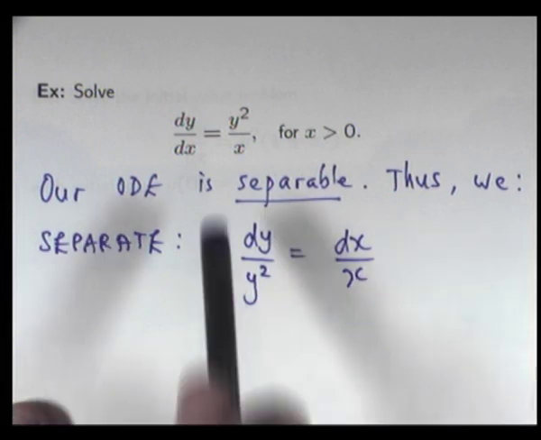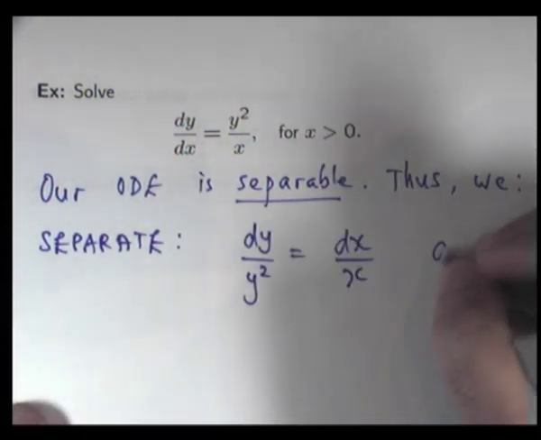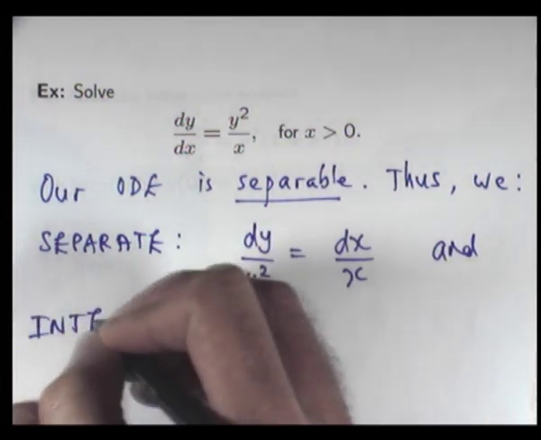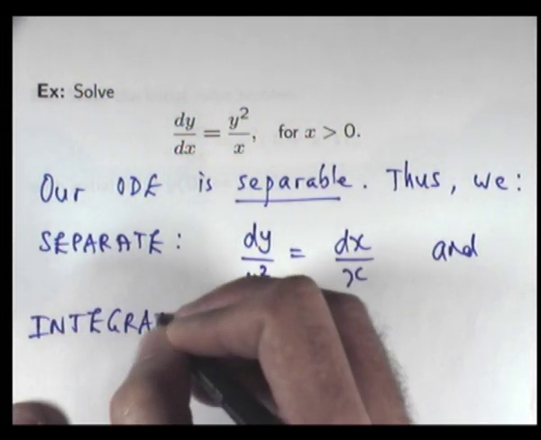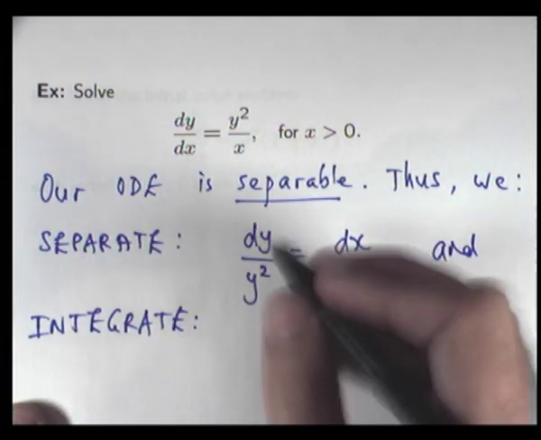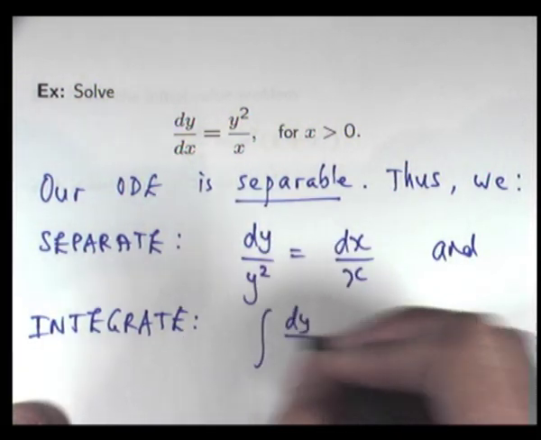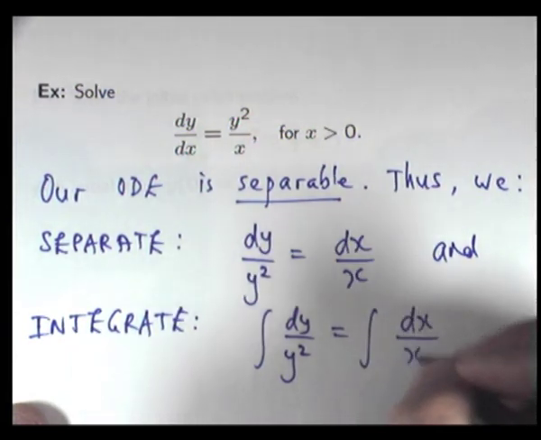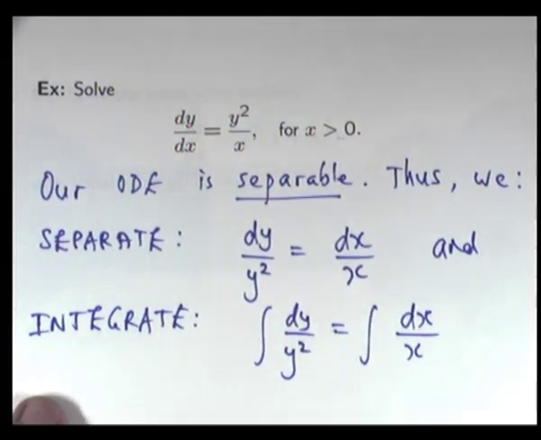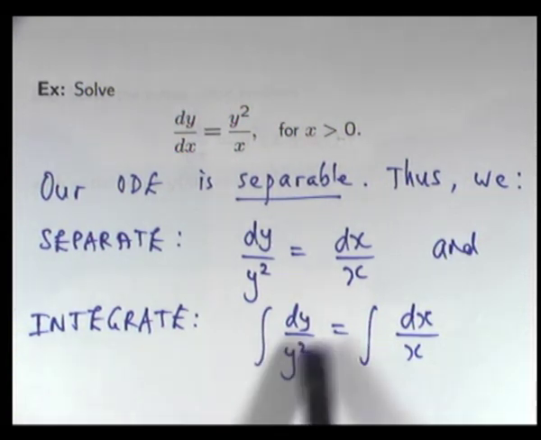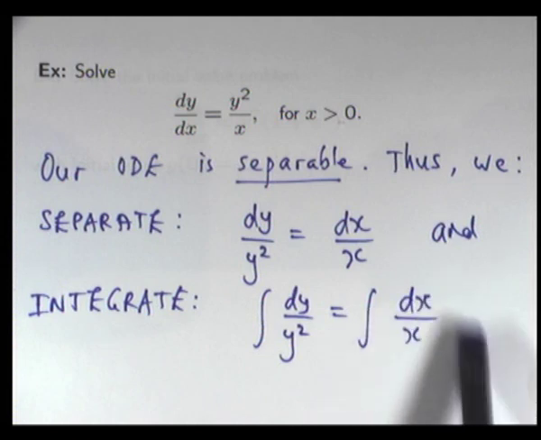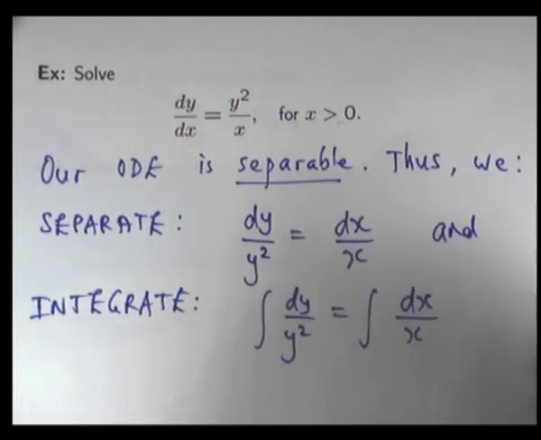Next step, integrate both sides. I'm integrating on the left-hand side with respect to y, and on the right-hand side with respect to x. So this is going to give us something like -1 on y, and this is going to give us something like log x.